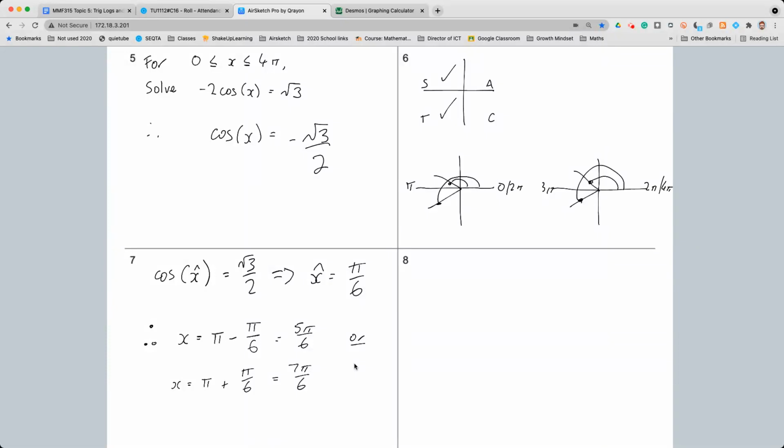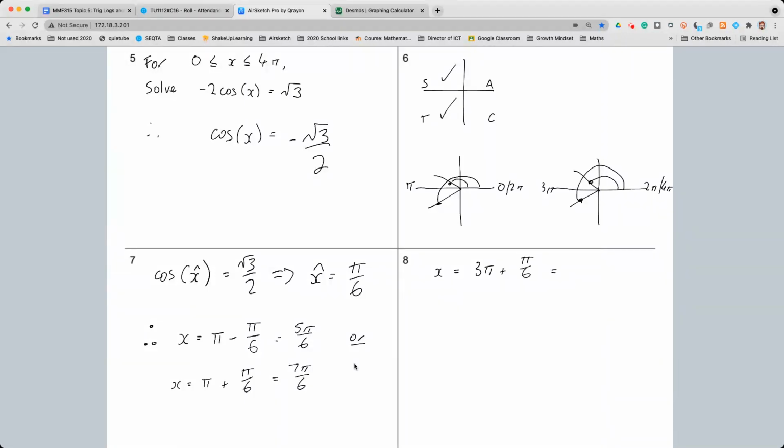Trust me, with practice, it becomes a real routine, this. The next two values are the next rotation on. Can you see from slide 6 that I've now got my x-axis as 3 pi, so I'm now just subtracting pi on 6 or adding pi on 6 to 3 pi now instead of pi. So that means my third solution is 3 pi minus pi on 6.